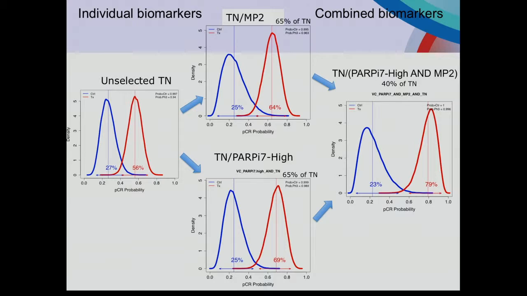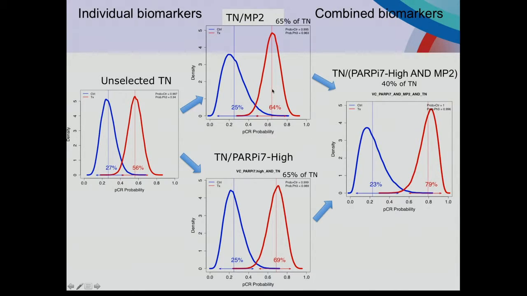So I showed you before the 52 versus the 26%. Since we're adding a few more markers in this particular analysis of all triple negative, it is 56 versus 27. If you then take the ones that are PARP inhibition signature high, which is 65% of this group, you can increase this probability to 69%.